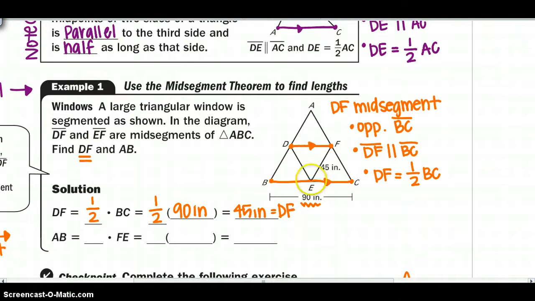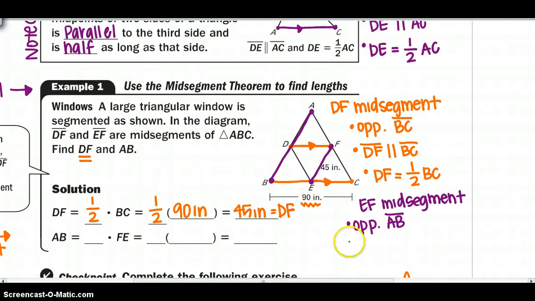All right, moving on, we have also been told that EF is our mid-segment. From that theorem, we know that EF is opposite side AB, so it will never touch this side of the triangle, AB. We know that EF is parallel to AB because of Theorem 5.1.